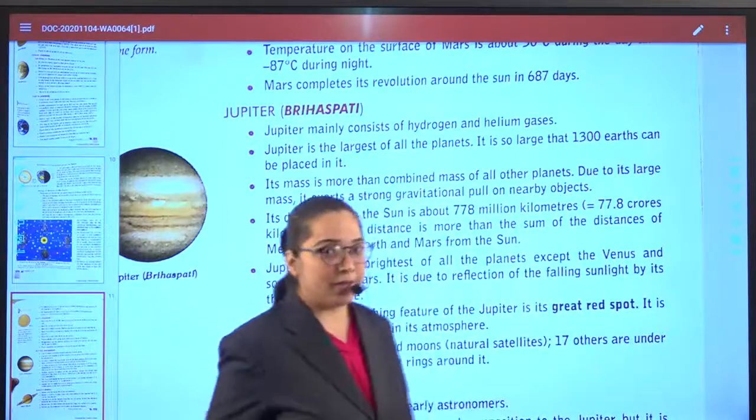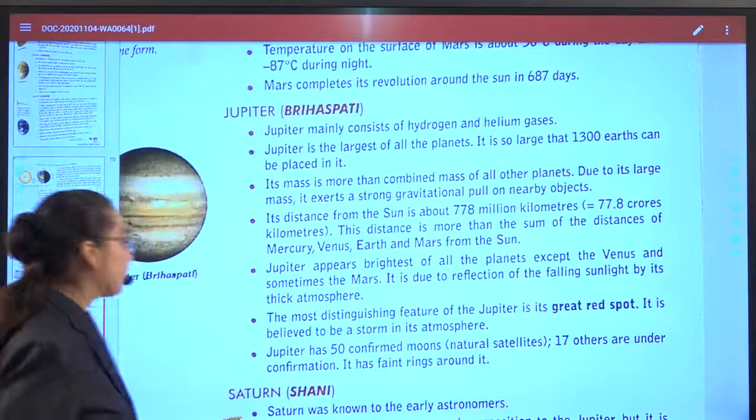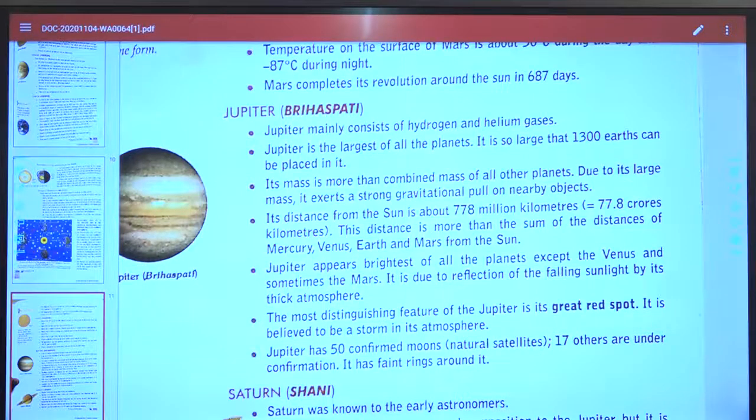This is about Brihaspati, which is Jupiter. Please note it down, or read it just once, because all its points are important for us.